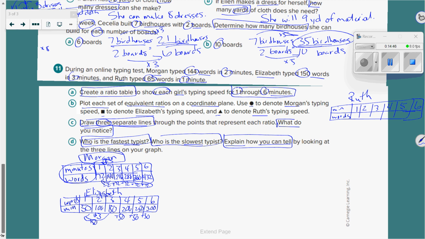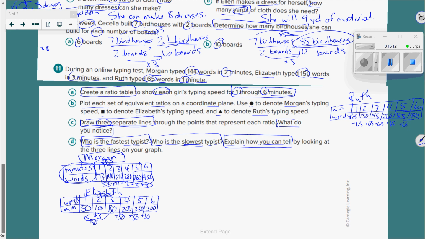They started us with Ruth at 65 and 1. So they gave me my initial value, so I'm going to use that. I'm just going to add 65 each time. That gives me 130, 195, 260, 325, and 390. Okay, now I have all of my data.